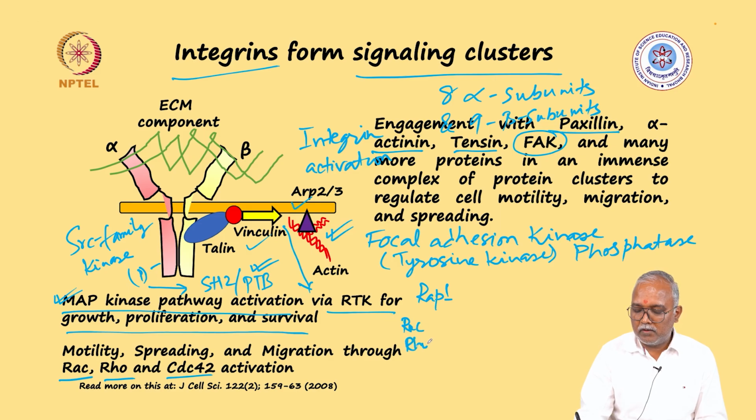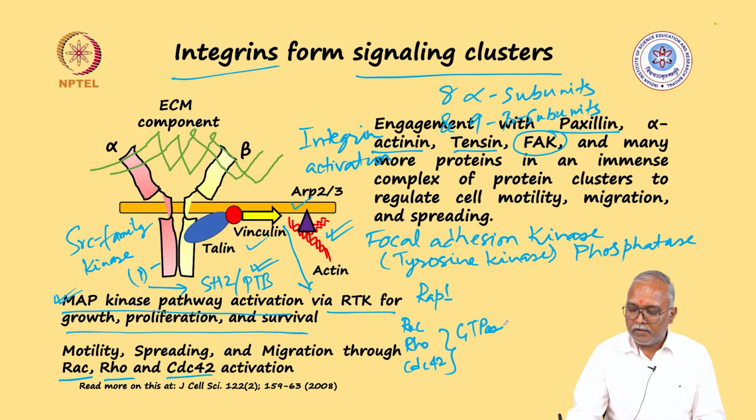RAC, Rho and CDC42, these are your GTPases. And we know that for GTPases to be activated, you will need at least one enzyme which is in the family of GEF. And when these GTPases have to be inactivated, you will need the enzymes which have GAP activity.